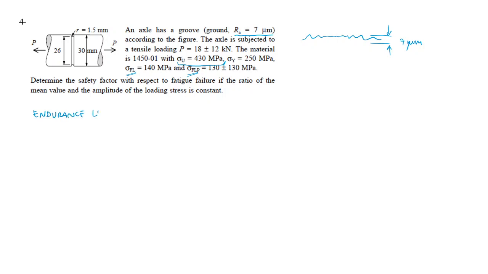That endurance limit, SE, will be my first approximation of SE, and then some Marin factors to do some correction. I'm going to stop at C because I don't have any temperature information or reliability information. I only have SE prime, which is 1/2 of 430, so 215 megapascals. I'm going to have a KA, which is a surface, so I know it's ground.